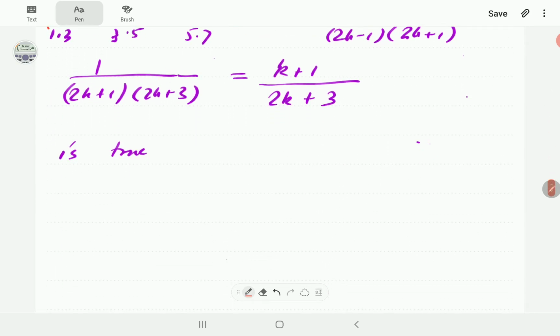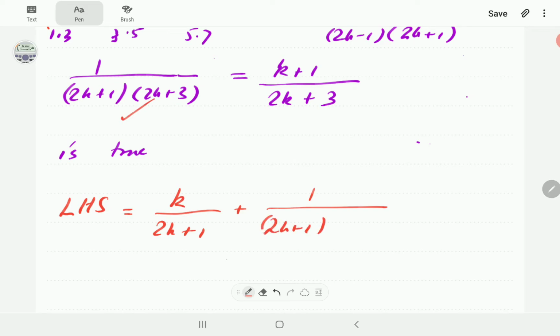So what it means is that the left hand side we can write as k over 2k plus 1, and then plus the next term, which is 1 over (2k plus 1) times (2k plus 3).